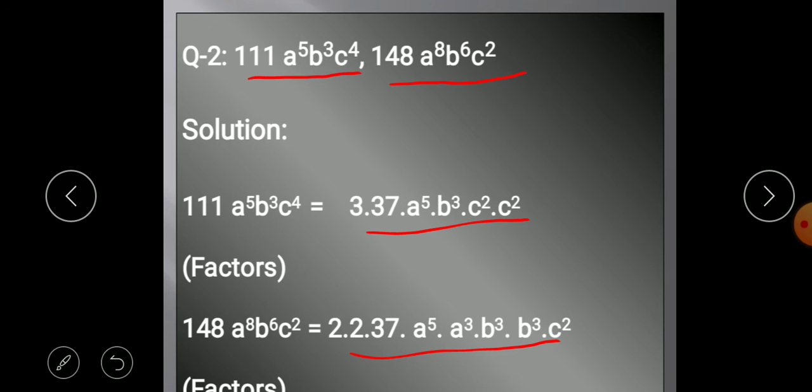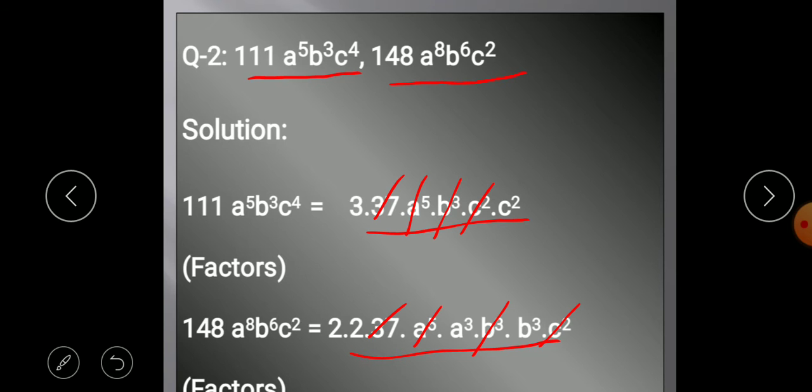Now you have to find the common factors, the highest common factor. So here 37 is common, a is common, b cube is common, and c square is common. So you have to write down the highest common factor of these terms. You will do it by yourself.